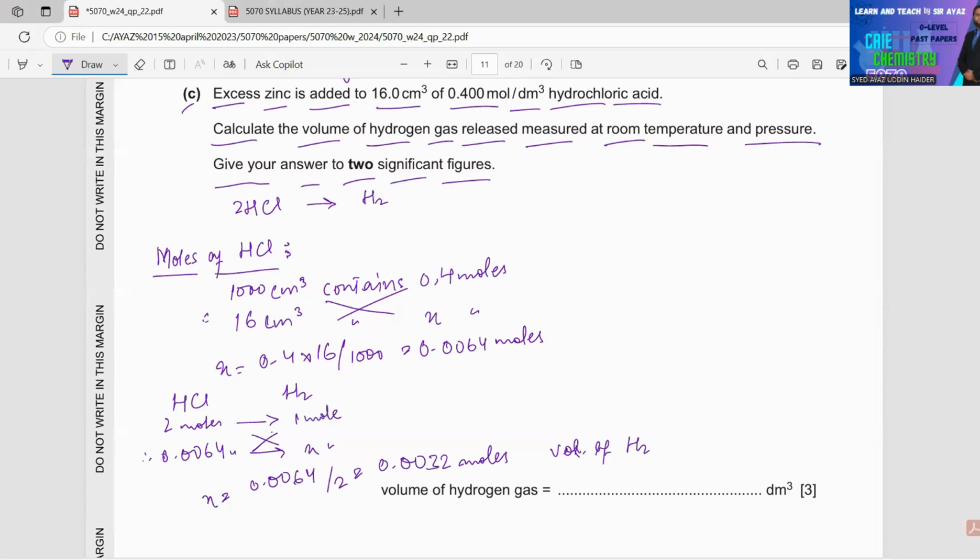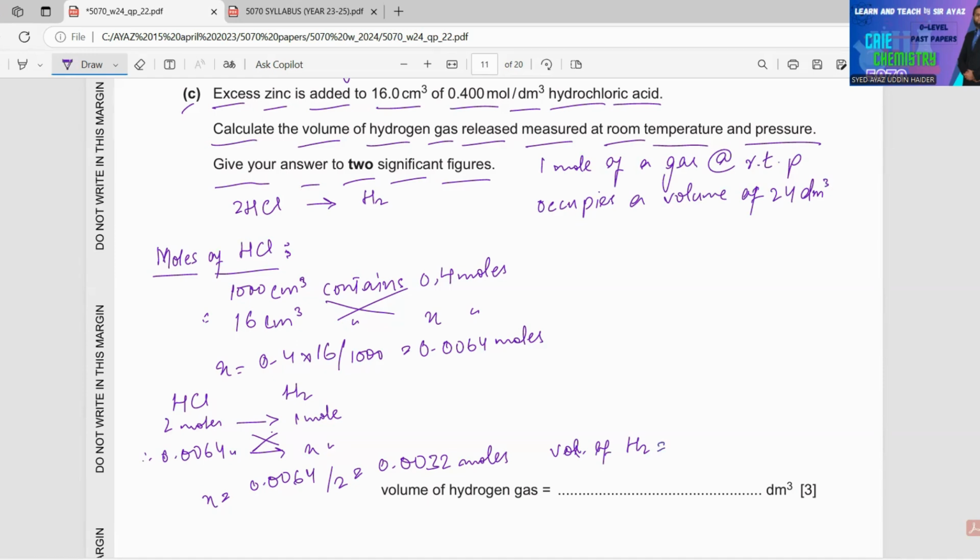We know that 1 mole of a gas at RTP, room temperature and pressure, occupies a volume of 24 dm³.